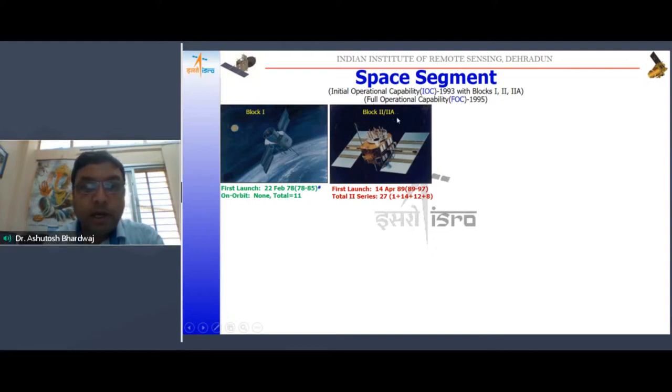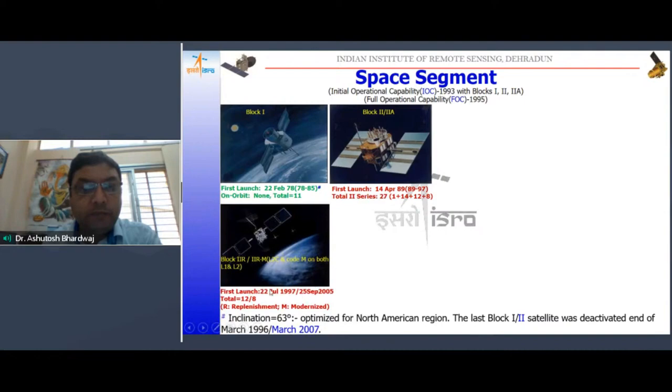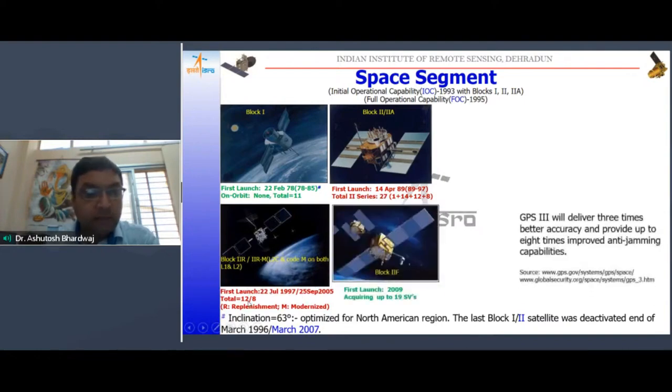Then block 2 and block 2A came, under which 27 satellites were launched between 1989 to 1997. And thereafter, block 2R and 2RM also came, where about 20 satellites were launched. Then the block 2F, which is the major system on which we depend.